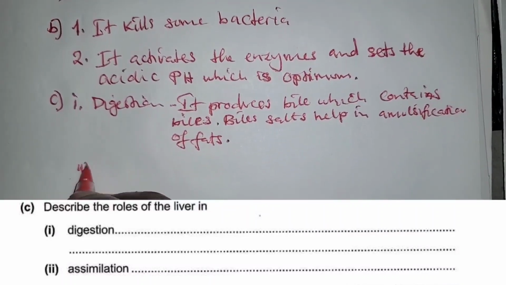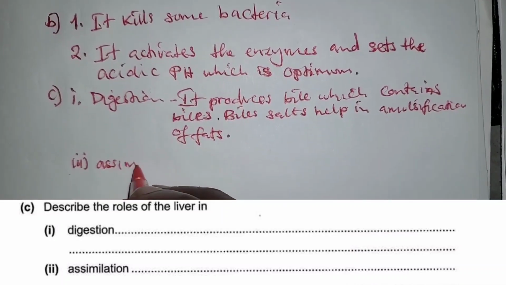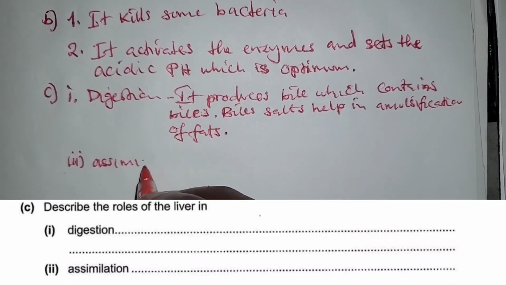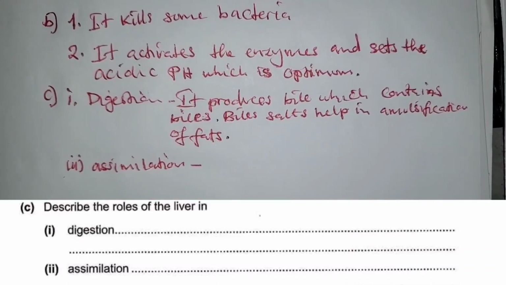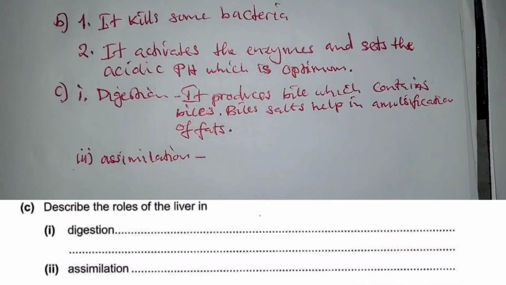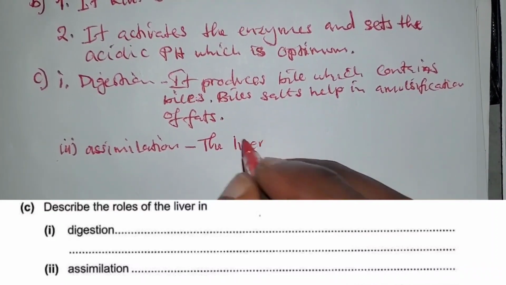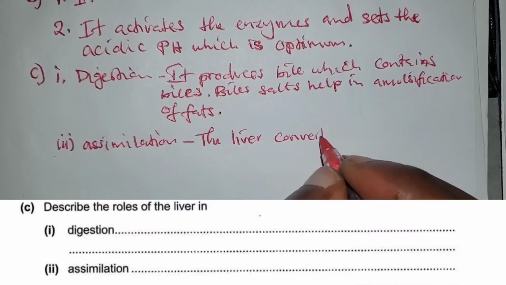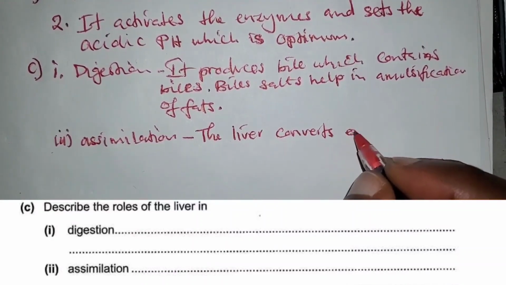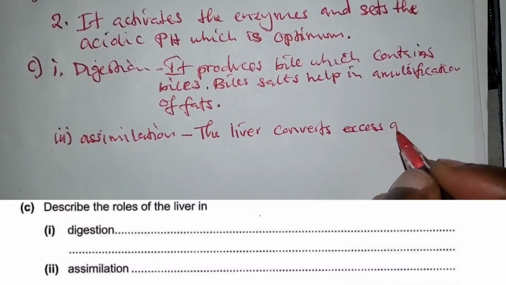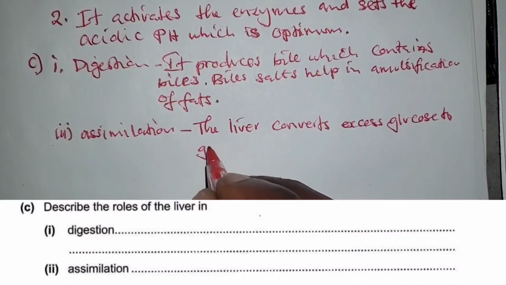Then number 2, the role of the liver in assimilation. All right, so the role of the liver in assimilation, you can say the liver converts excess glucose to glycogen.